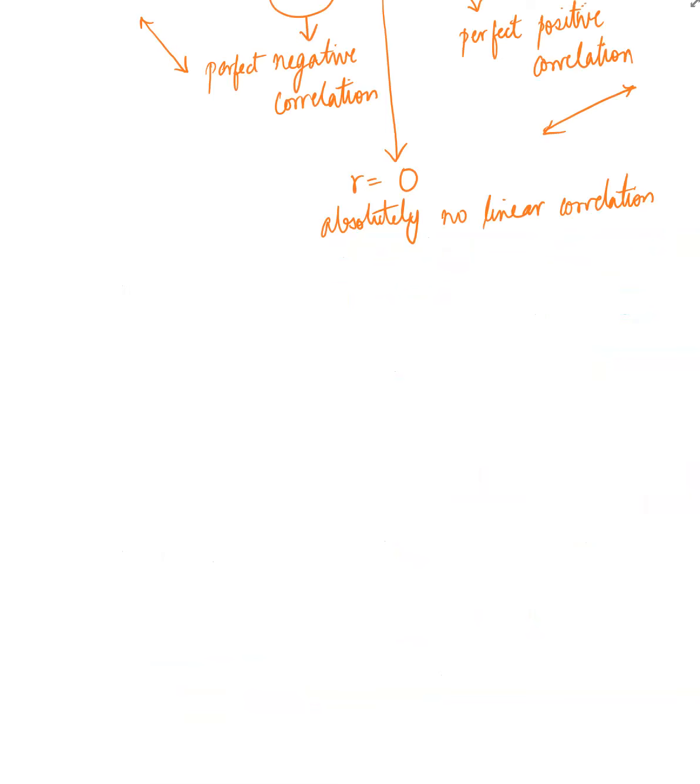We talk so much about this correlation and the correlation coefficient and the strength and the direction. But how do I measure, calculate R? This is how we measure it.